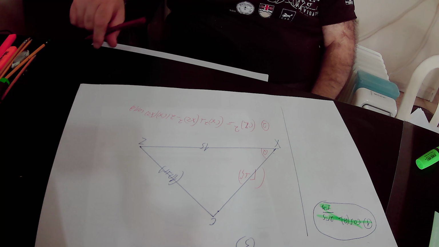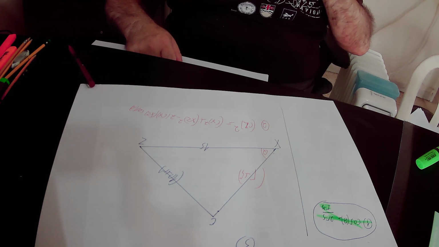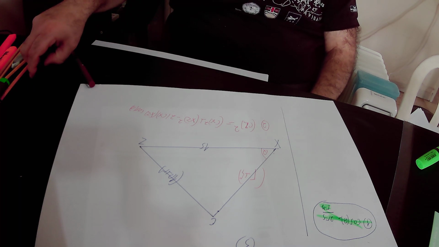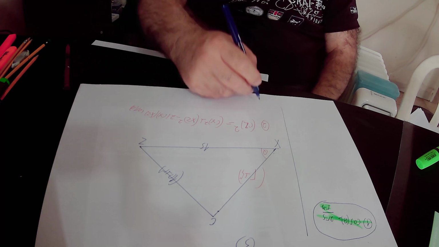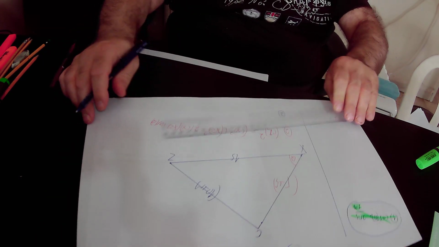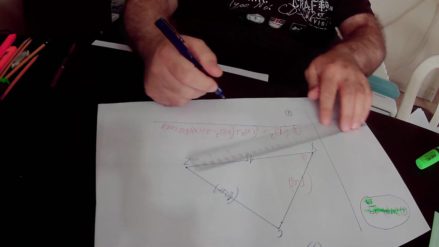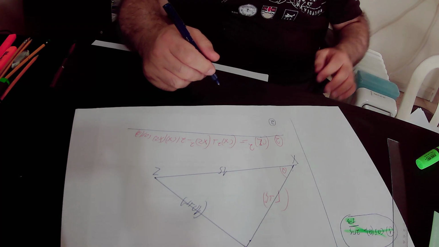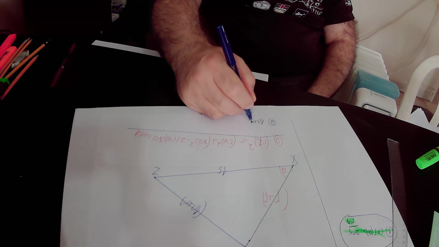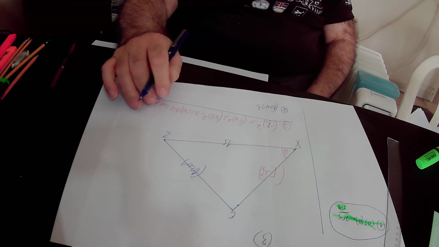Here we will substitute cz, xz, and cx by the values that we found for them, and we'll get that according to equation number 2, cz square is (10 plus r) square, that equals cx square.